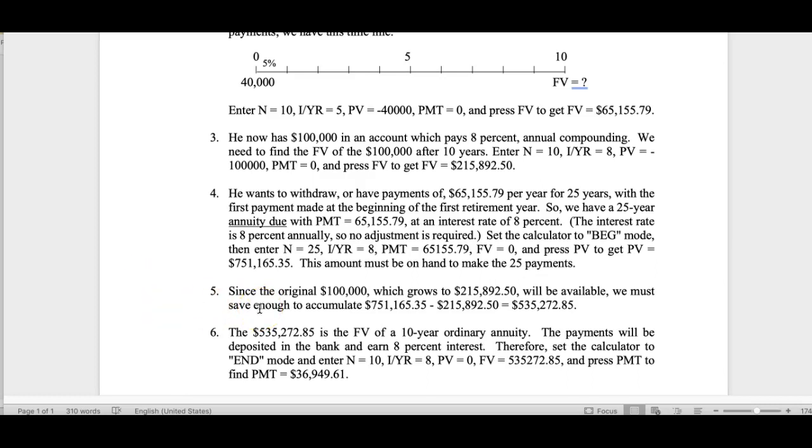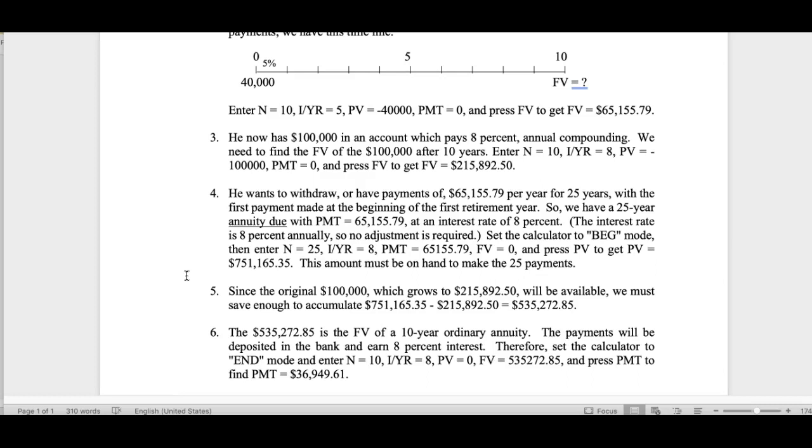The last part of this is that since our original $100,000 grows to $215,000, we get to subtract that from the $751,000, which gives us the amount that he has to save: $535,000. Remember, in class I said he didn't save enough for retirement, because he's going to have to save a lot of money.